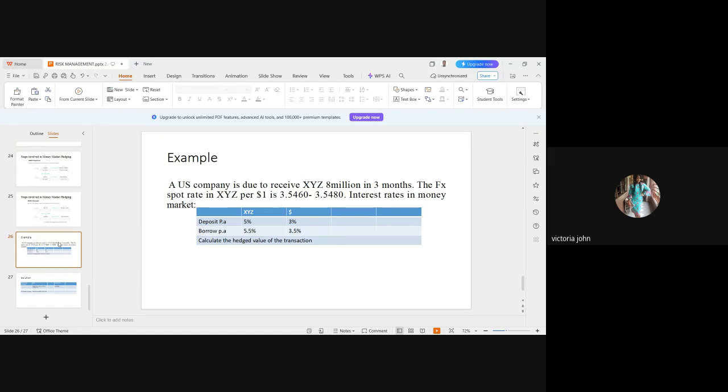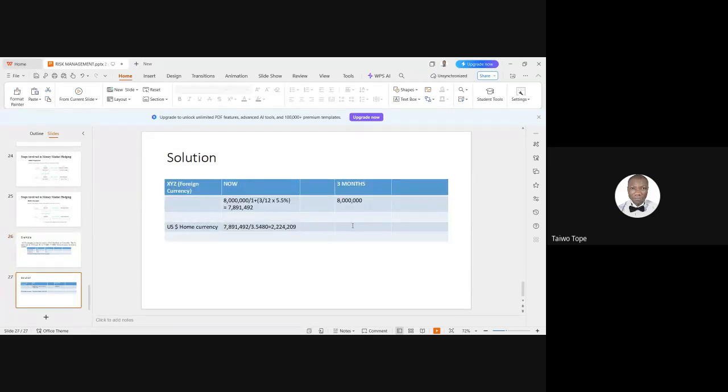The deposit rate in your home currency, dollar, is 3%.